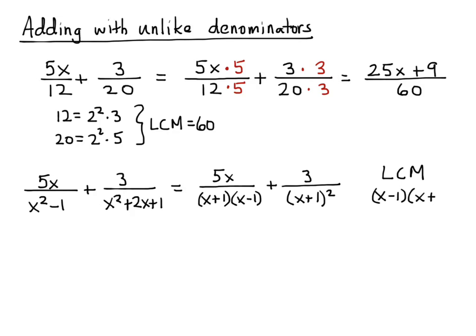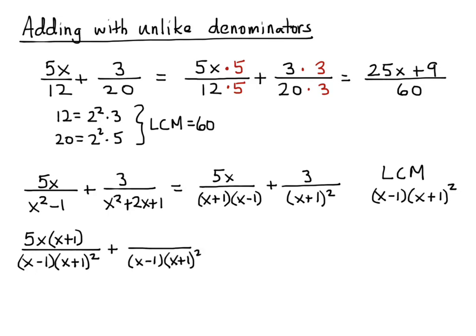So my LCM is the x plus 1 squared times x minus 1. So then in order to go from, this is x minus 1 times x plus 1, to get to that LCM, I'm multiplying it by another factor of x plus 1. Do that to the denominator as well. Then here, I need to multiply it by x minus 1, numerator and denominator. So I have my common denominator.